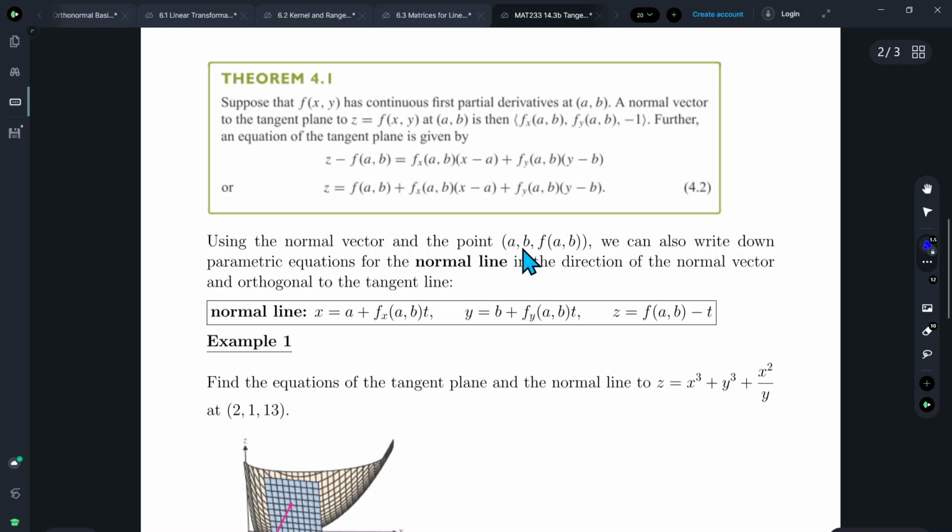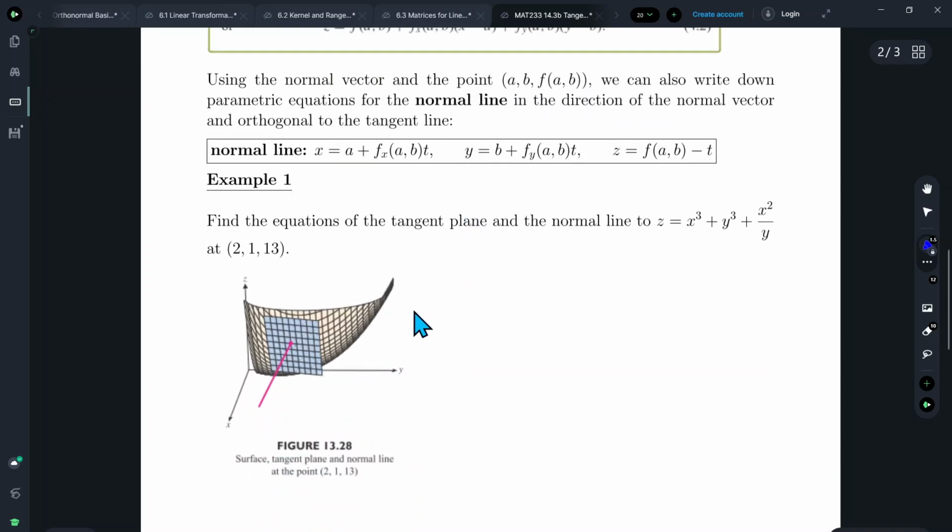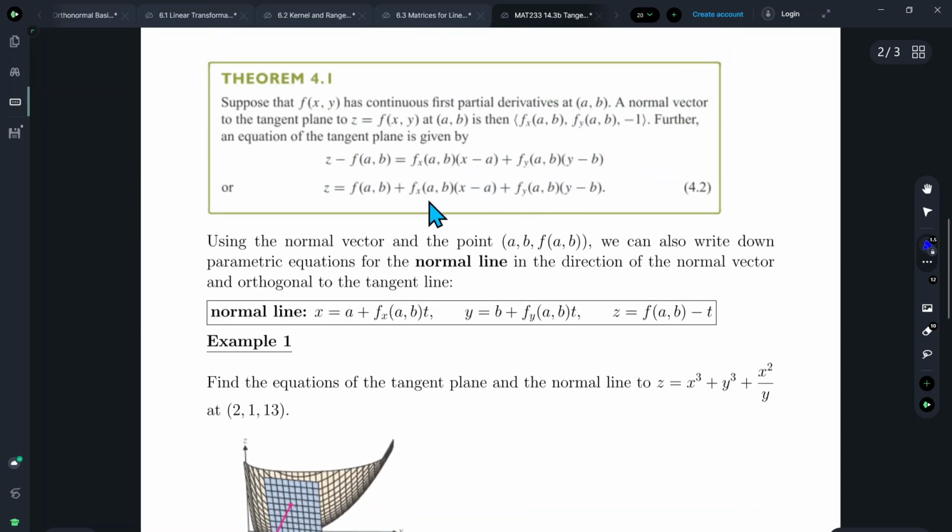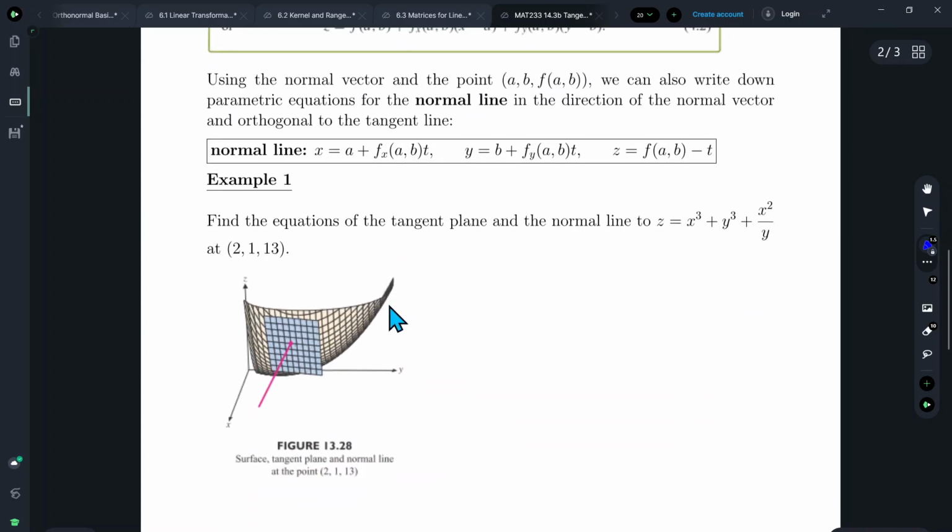So taking this information, you can write down the parametric equations for the normal line as follows, right? So the point again is given by a, b, f of a, b, and then the direction vector is exactly taken to be the normal vector of the tangent plane. So essentially visualizing the tangent plane together with the normal line, right?